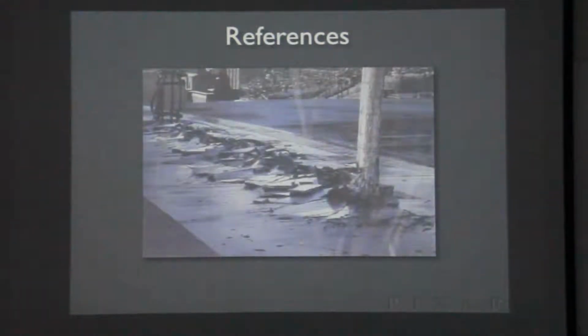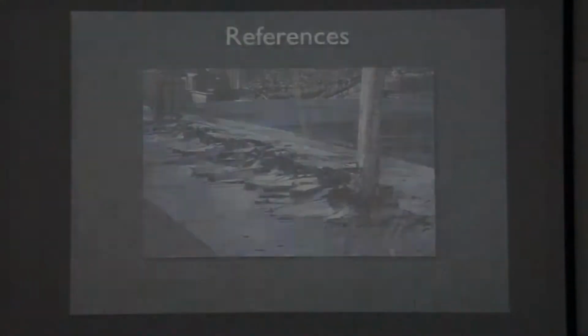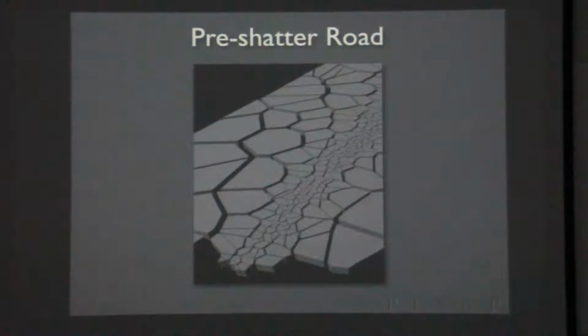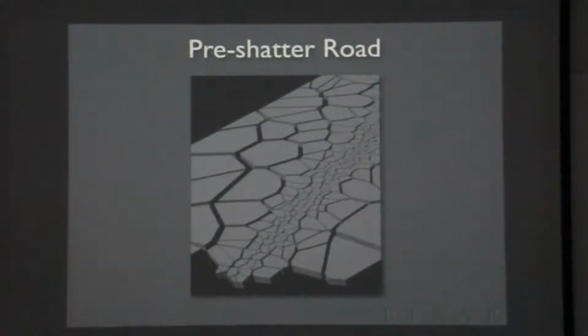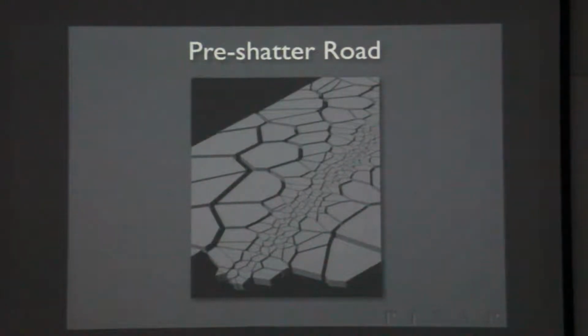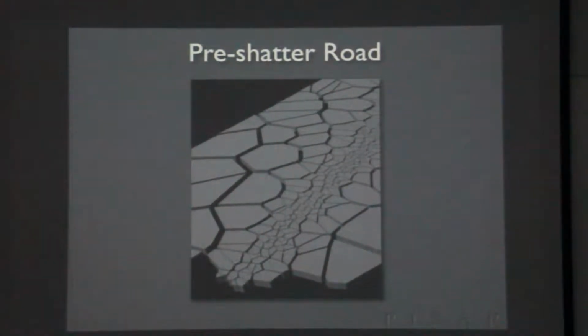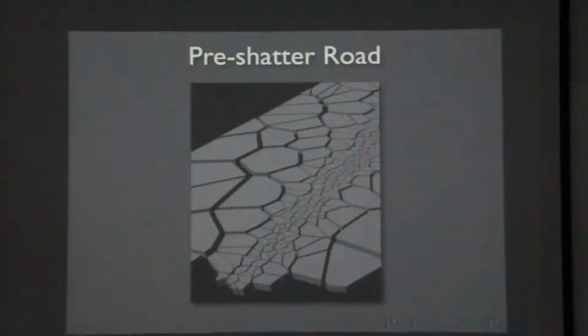You also have reference like this, where you have that turtle shell-like pattern, but it's clearly very broken up in the middle, and then it sort of flattens out towards the end and kind of peels. So what we ended up doing was a technique that's often done with effects. We pre-shattered the road into sections that kind of fit together initially, but then we pull them apart using rigid body dynamics.